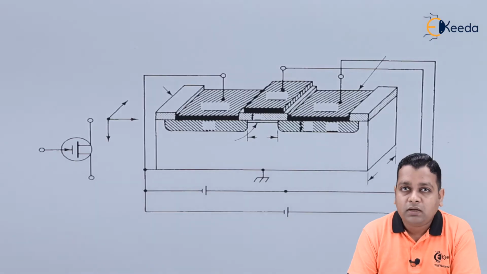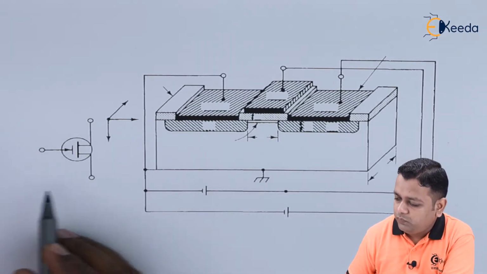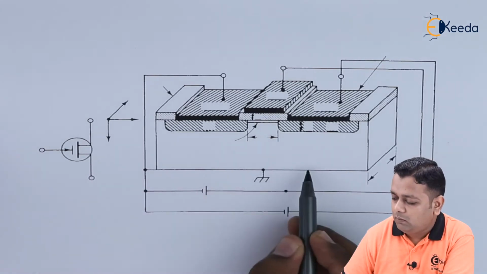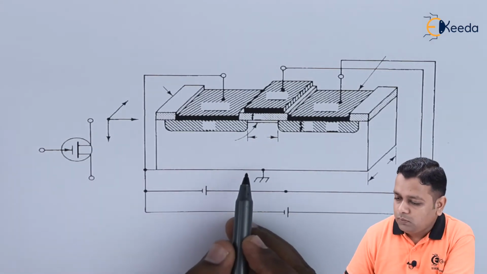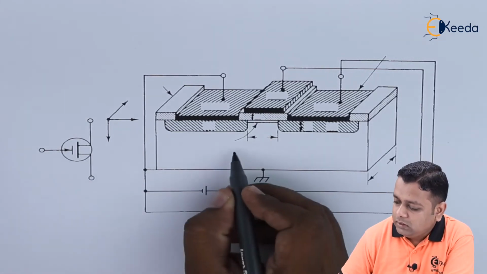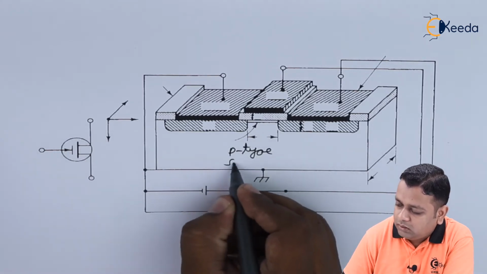So this is the schematic diagram with respect to the MOSFET. Here we have the cross-sectional view. We start from the bottom portion, which has been grounded. Here we are considering the P type semiconductor material.